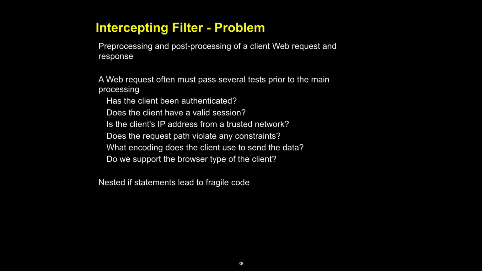Another example is on the server side, when you get a web request, there's often a number of things you need to do. Is the user logged in, right? Are they authorized to do whatever they're asking to do? Can they access this page? Is it a valid request or not?